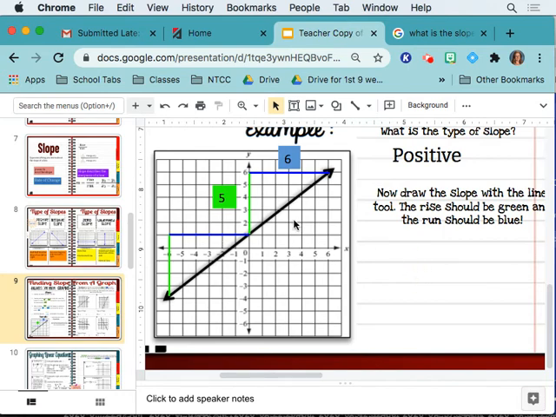Oh, that's cool. So all you really need to do is use these same lines. Select a line, copy it, paste it, and you should be able to move it down. Then select the horizontal line, copy and paste it, and move it down. So see how the slope is the exact same? We can use the exact same lines, distance, and everything.